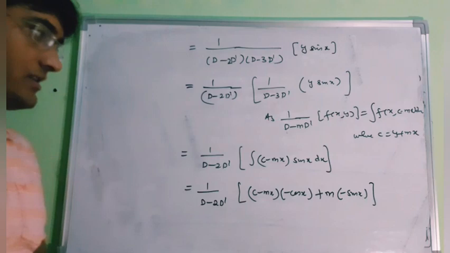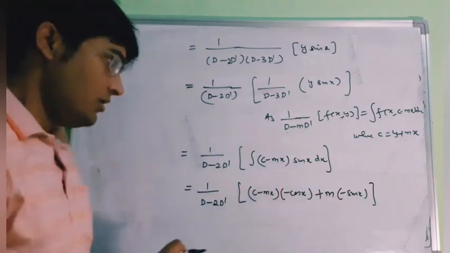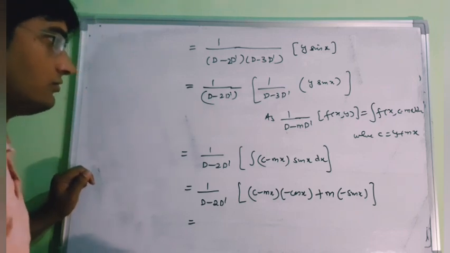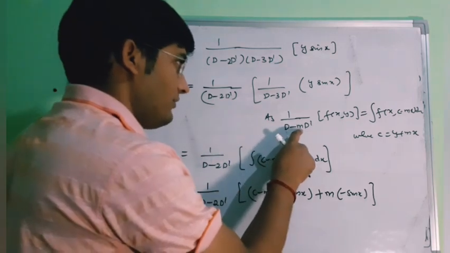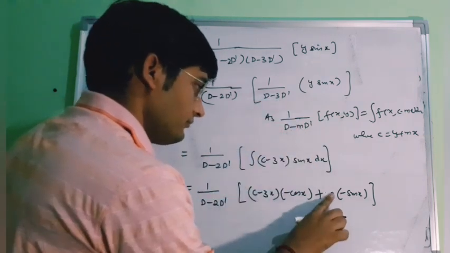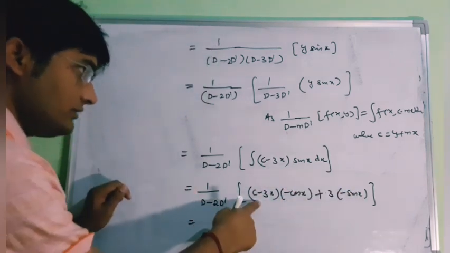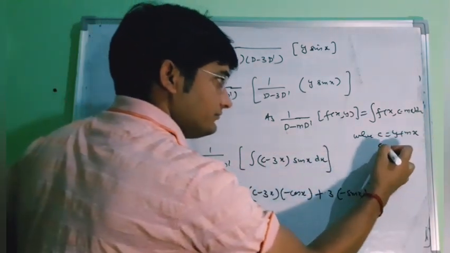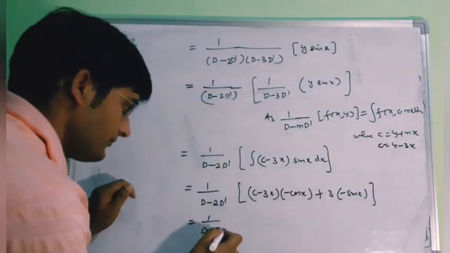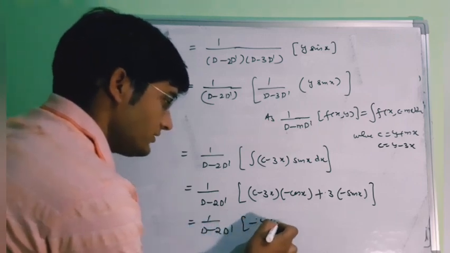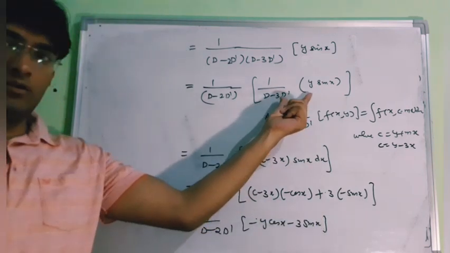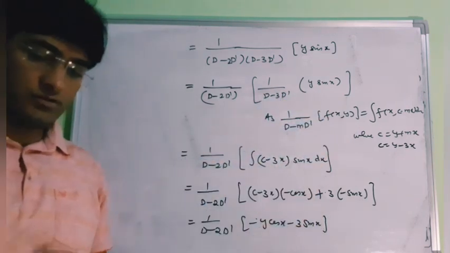Here in place of m we have 3, so this will be 3x. Now c minus 3x was y, so we can also write it as y minus y cos x minus 3 sin x. So after one application of this formula, we have this result.